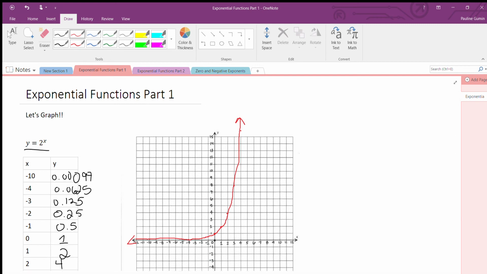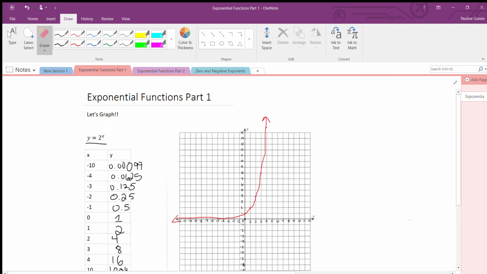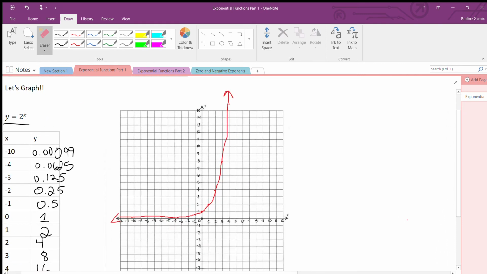We'll just pretend. Okay. Now, what do we see about this function? Well, first of all, I notice that it's flat on the left-hand side, and then it suddenly swooshes up and becomes huge on the right-hand side. And that happens after it crosses 0, 1.